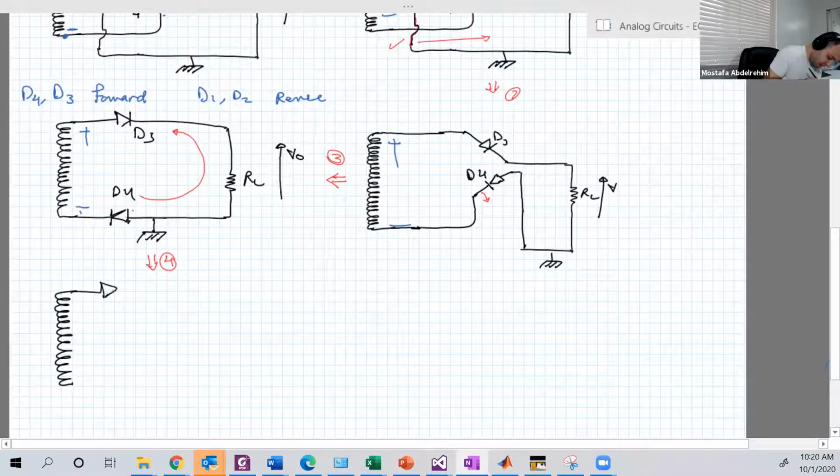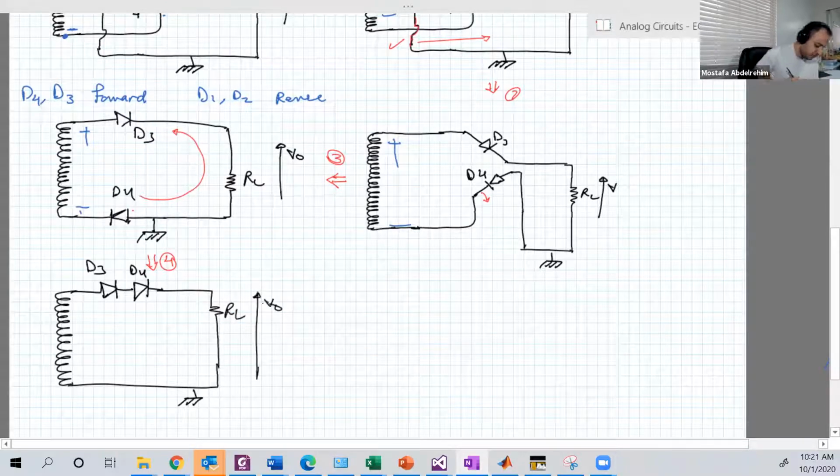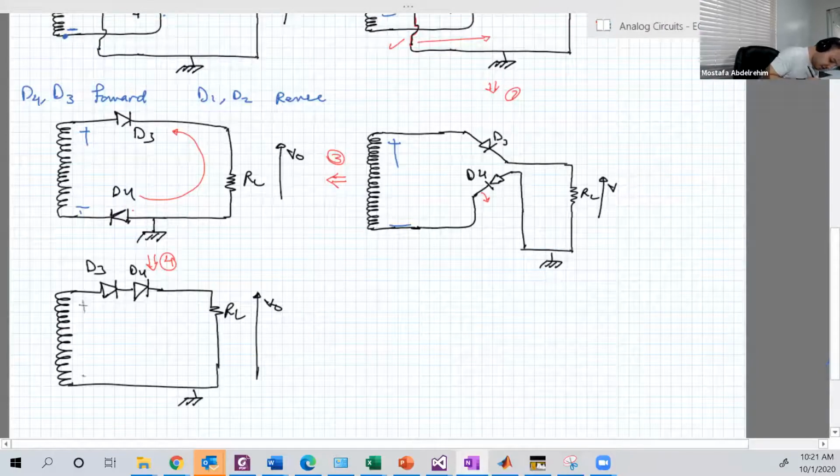So we have D3, and when this guy moves backward like this, its P will be in that location and its N will be towards the resistor. This is D4. This is the resistance, and this is VO. And again, this is positive, this is negative.